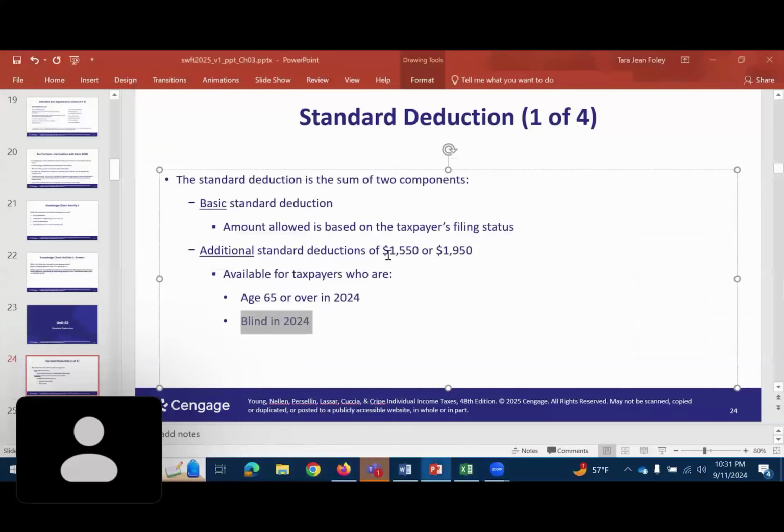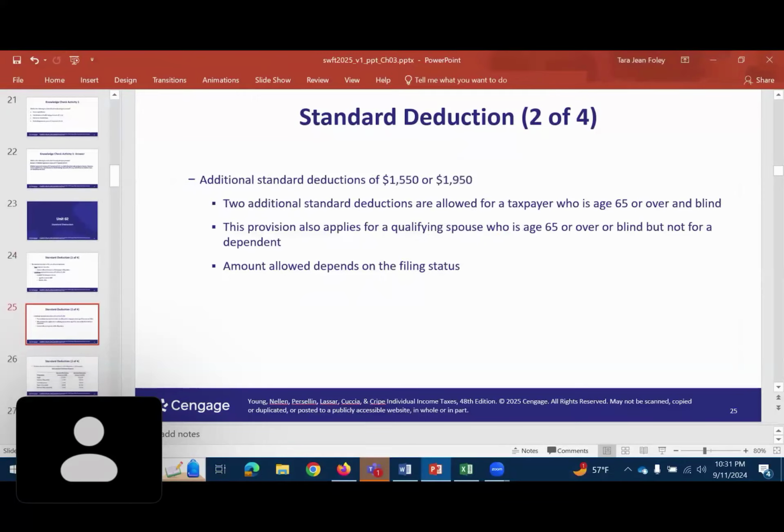Now, what's the $1,550? Well, the way that it works is if you're married filing jointly and you're over 65, you get $1,550. You don't get $1,950. If you're married filing jointly and you're blind, you get $1,550, not the $1,950. Okay, so if you're over 65 and blind, you get the $1,950 twice.